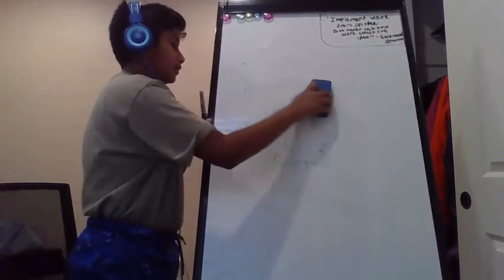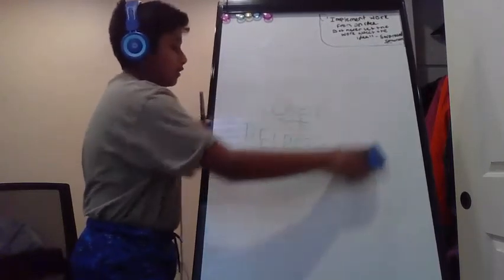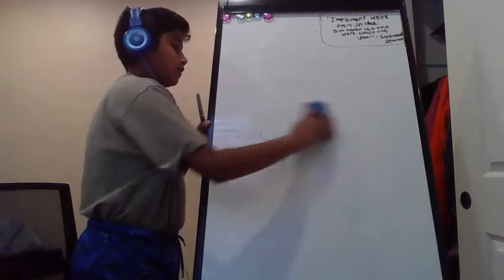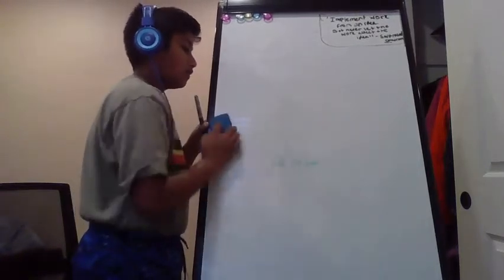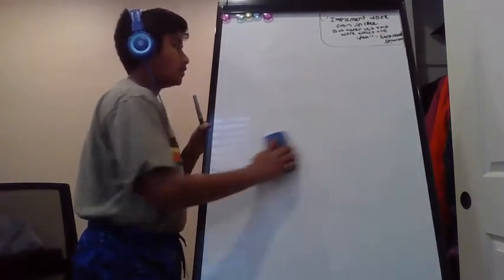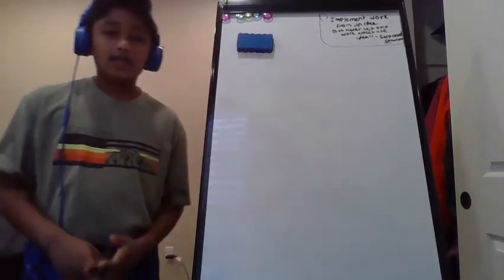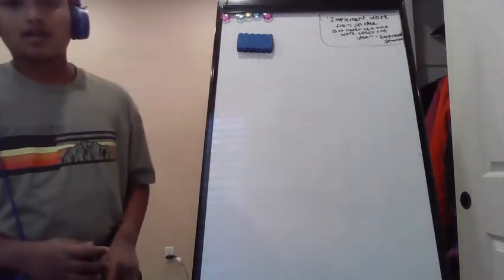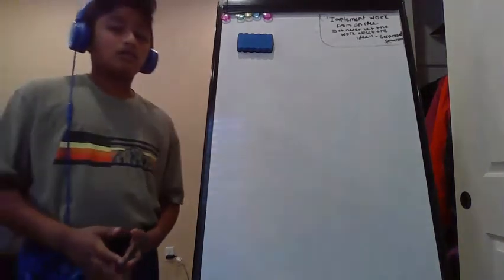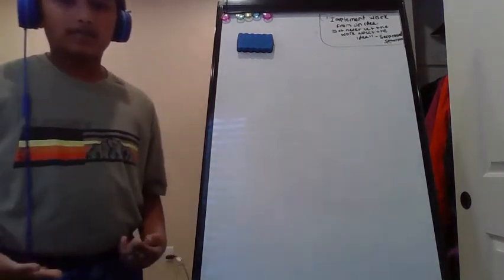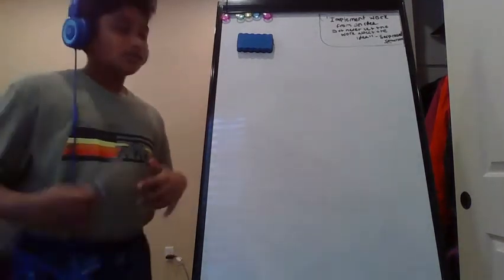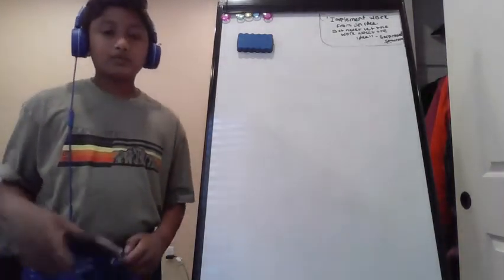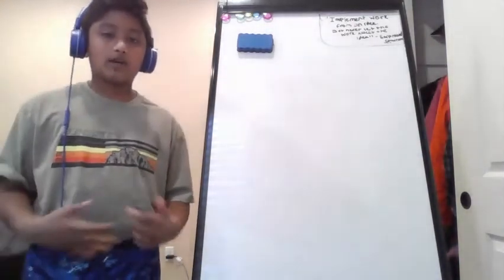Now, I'm just going to erase this for a second. In the early 1990s, an idea called threading came to be. Threading just allows us to run multiple processes at once.